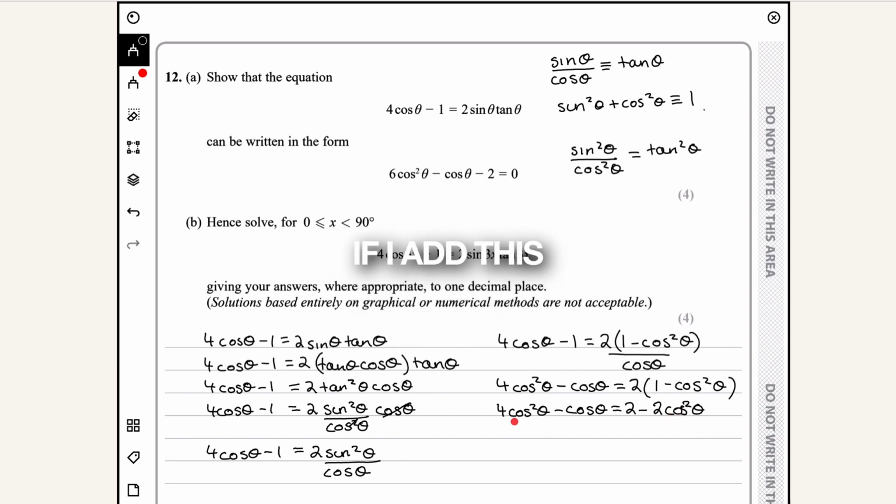If I add this to this side and I take away 2 here, I get 6 cos squared theta, so I've added that 2 cos squared theta that side, minus cos theta minus 2 equals 0. And that's what this is here. So I have done part A.